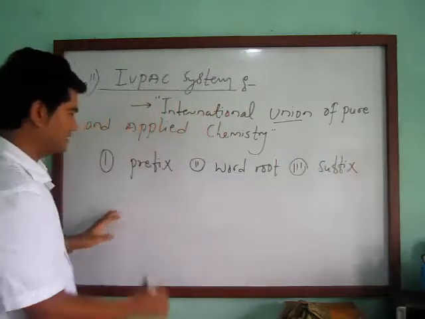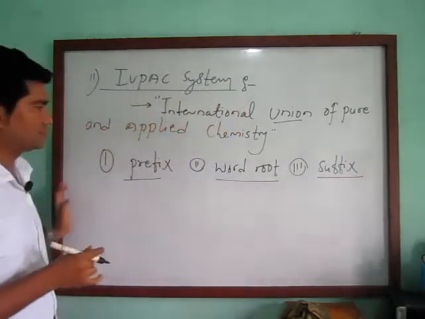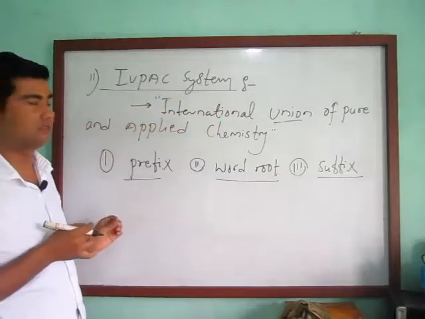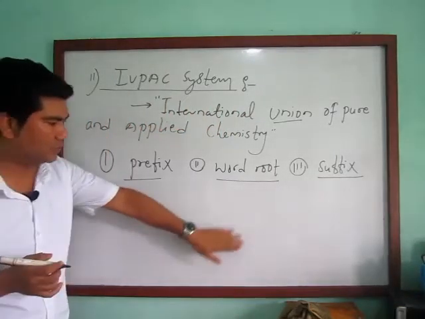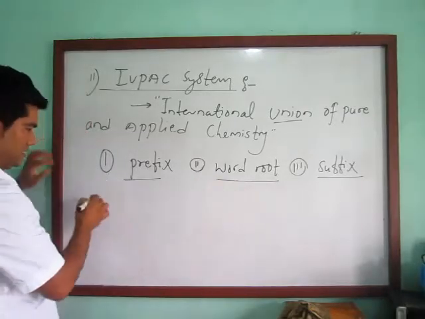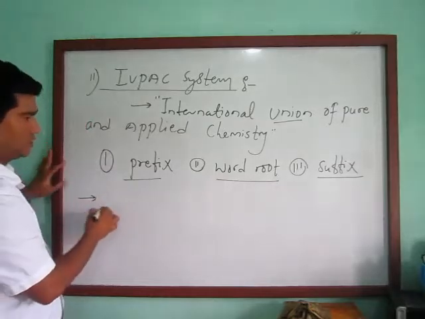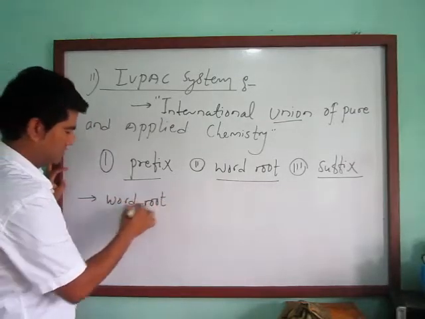These are the three terms we should know to understand the IUPAC system, and it is better to know the word root first. So everybody make your heading: word root.